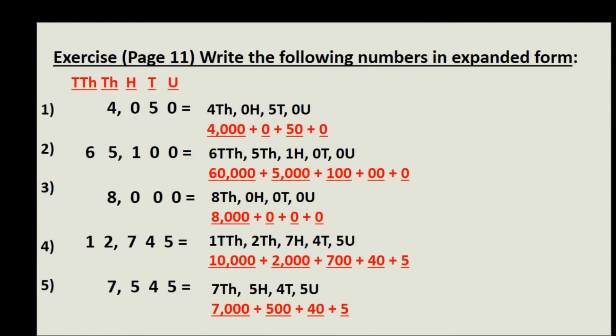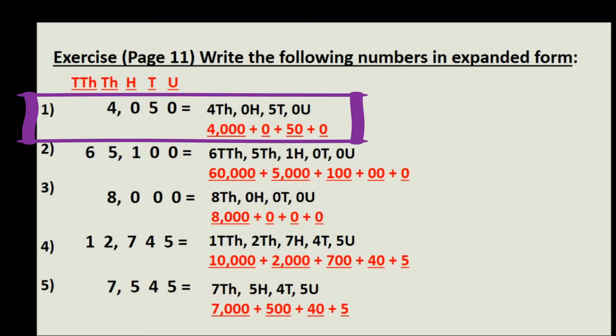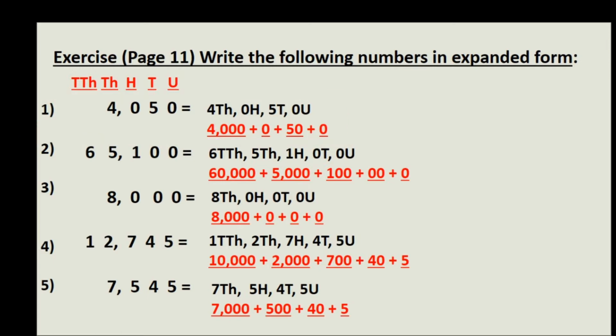We will now look at the exercise on page 11, where you have to write the following numbers in expanded form. The first sum 4,050. You have to first write the places. 4, th stands for 1000, 0, 100, 5, tens and 0, units.